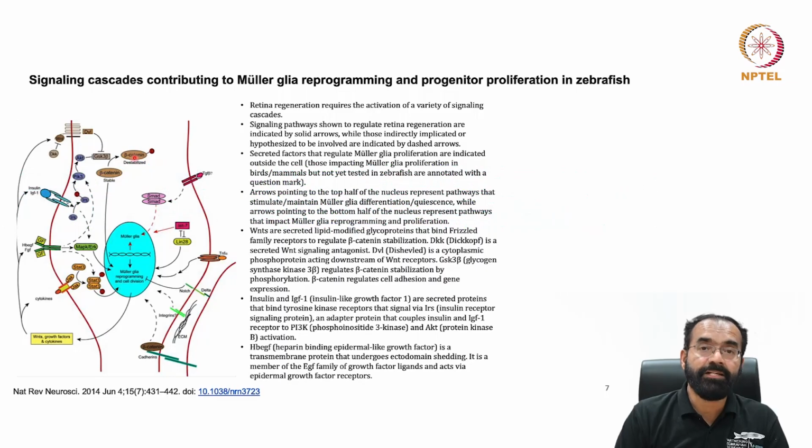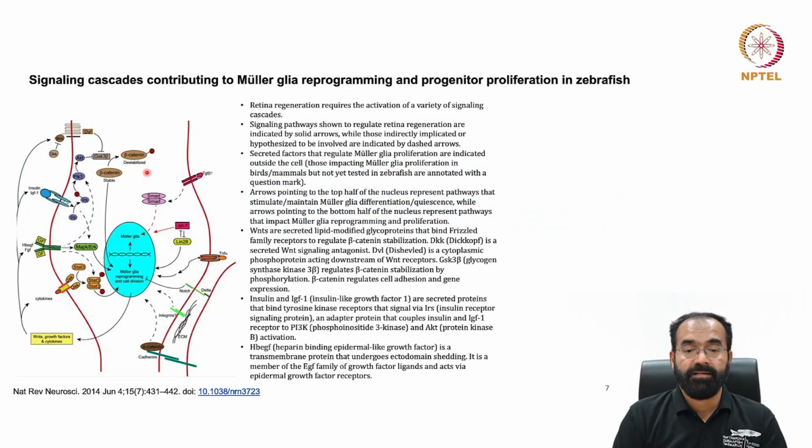So beta-catenin usually will be degraded in a steady state cell, but when Wnt signaling is on, beta-catenin will be stabilized and it will go to the nucleus and a lot of pro-mitotic genes will be turned on. You can also see Lin28 negatively regulating let-7, which influences the translatability of various regeneration associated genes.